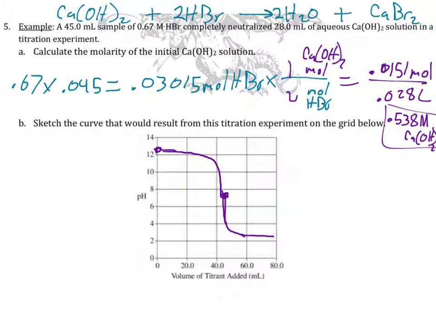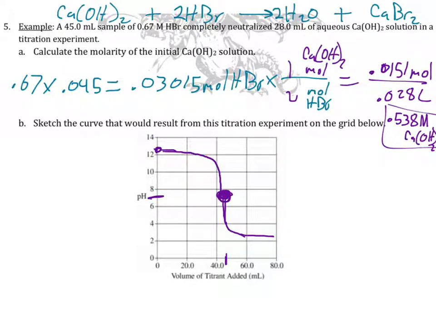Now again, this is an unknown base. If it was an unknown acid, this would be flipped. We'd start down at an acidic pH and work our way up. But here's the key thing. This point needs to be pretty exact: 45 milliliters, pH of 7. This point here, you're just putting somewhere up in the basic area.